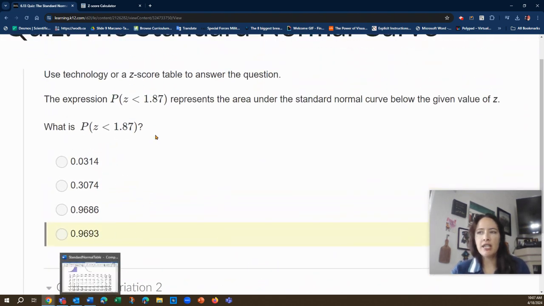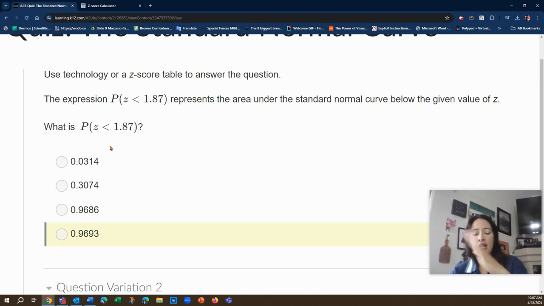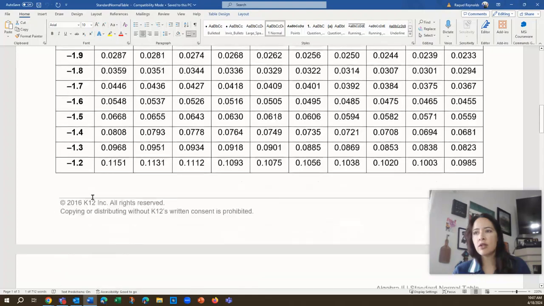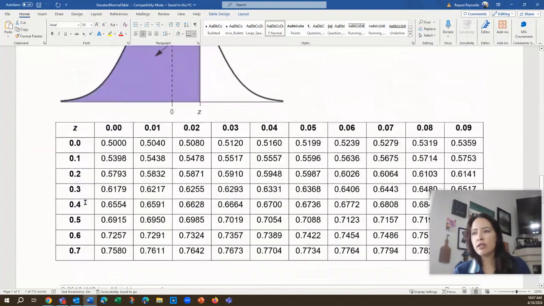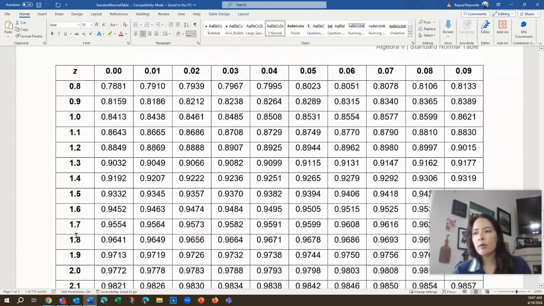Okay, let's do the same thing in a table of values. The table of values works for the z less than. It has the cumulative property starting from the left up. So when it says less than, you're done. You just go read the table. 1.87, so we go down to positive 1.8, keep scrolling. 1.8, then 0, 1, 2, 3, 4, 5, 6, 7.